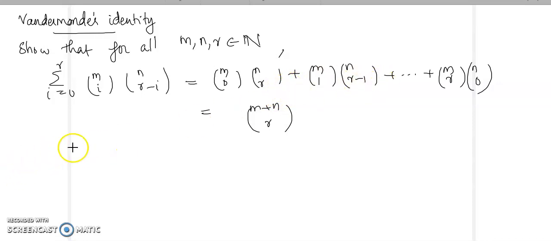First, let us look at an algebraic proof for this identity. So let us look at the first proof.